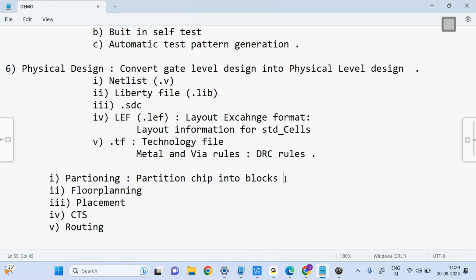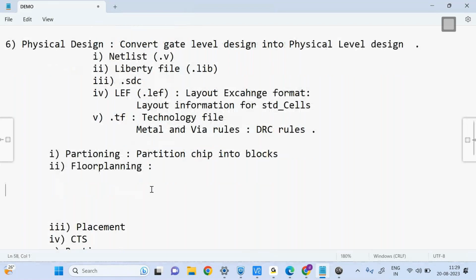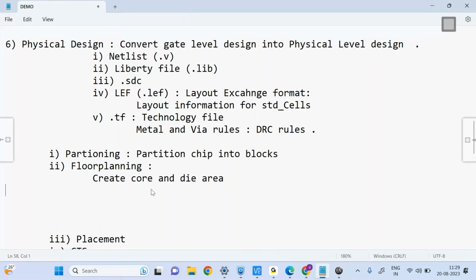In that, the first step starts with floor planning. The name itself tells you: floor planning means plan. Floor planning has different steps like creating the core area and die area, then IO placement, input output placement. In block level design, input output means the ports, so input output port placement.